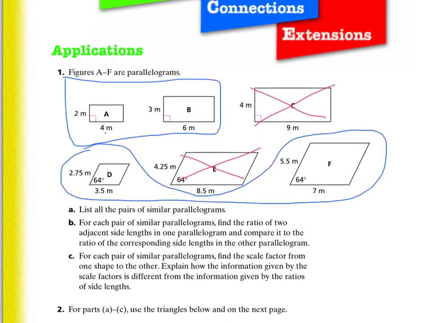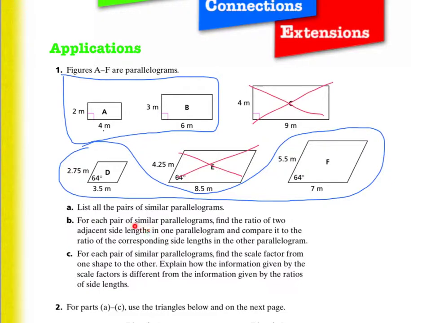Okay, so for B, for each pair of the similar parallelograms, which we have figured out, A, B, D, F, find the ratio of 2 adjacent side lengths in one parallelogram and compare it to the ratio of the corresponding side lengths in the other parallelogram. So for A and B, A is 2 over 4, which equals 0.5.